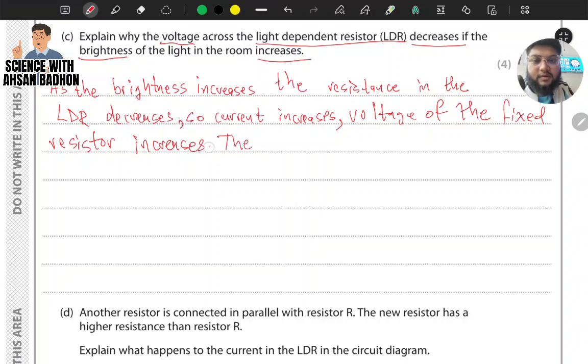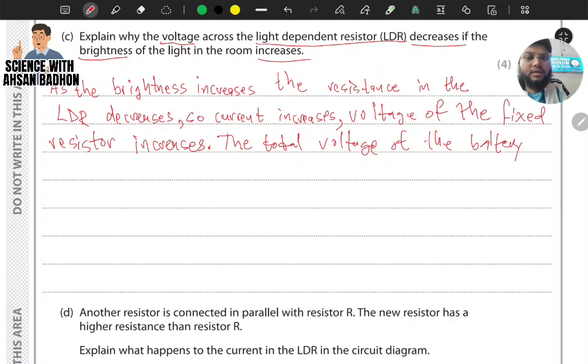The total voltage of the battery does not change. So if the voltage across the resistor increases, the voltage across the LDR should decrease since they are connected in a series circuit. The total voltage of the battery does not change.